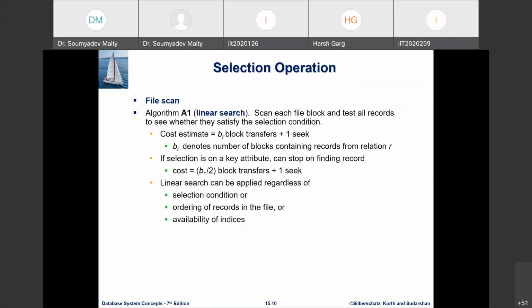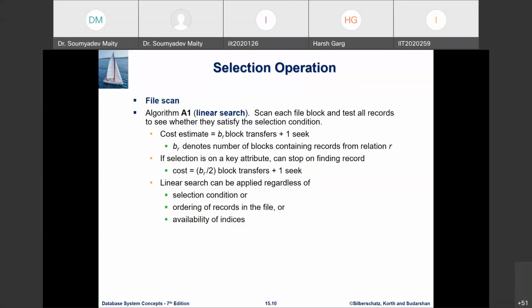Why? I have already explained while discussing the physical storage structure that most of the time the disk management system allocates consecutive blocks when it allocates a file.